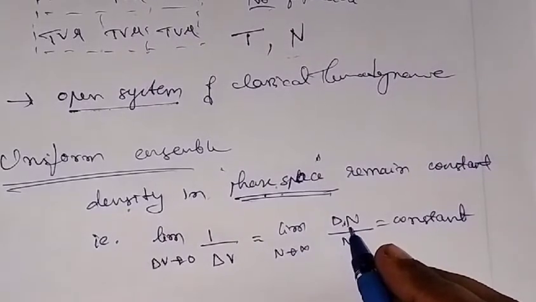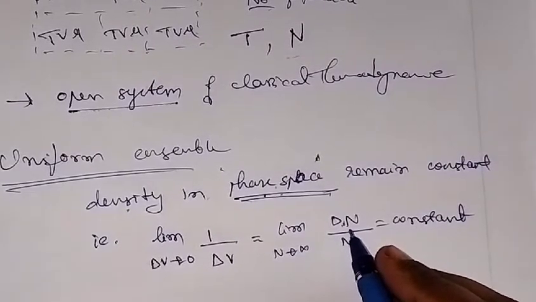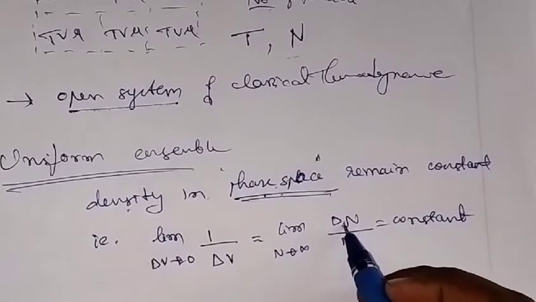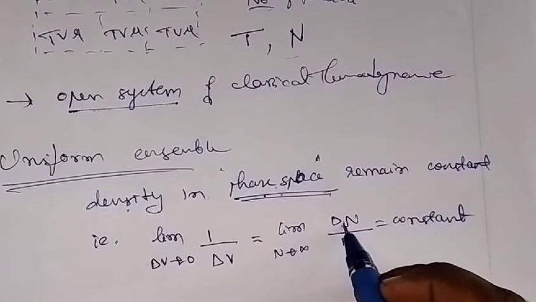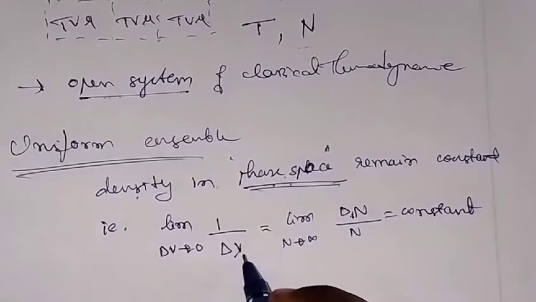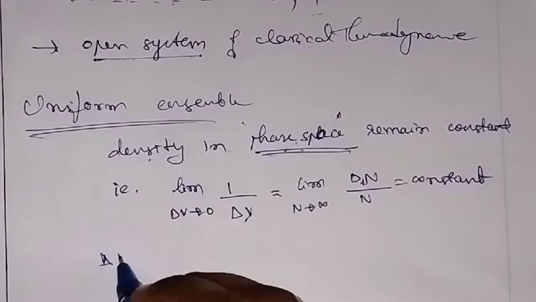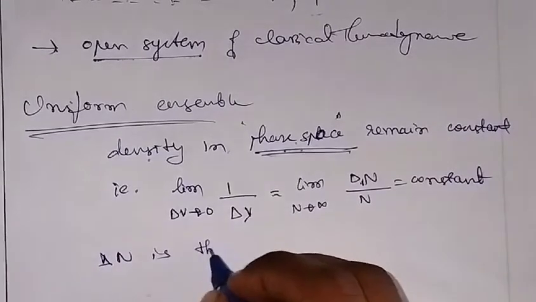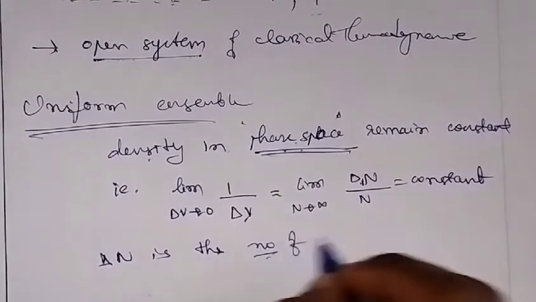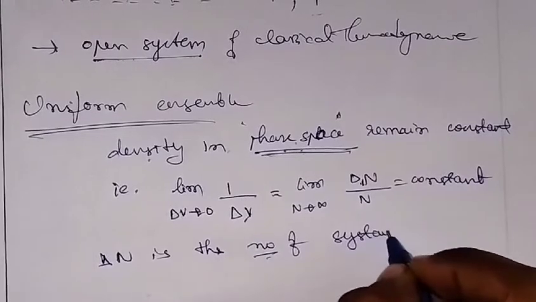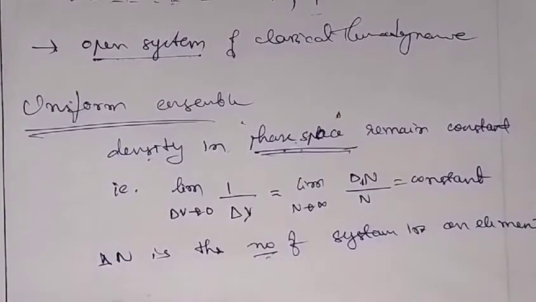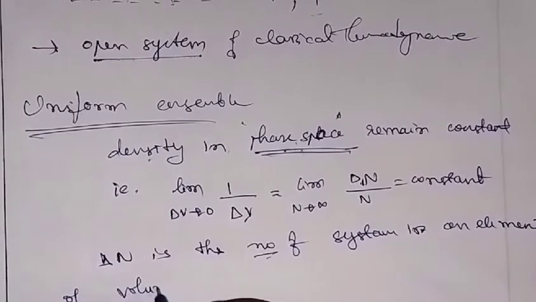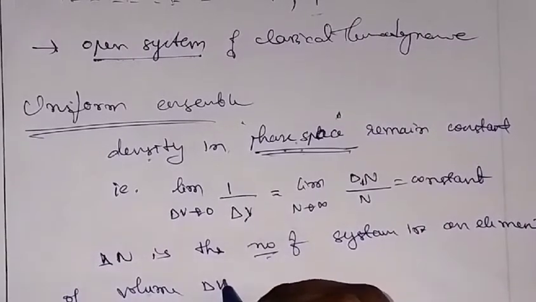Whenever I say system, you should understand that it is nothing but a particle. So delta N is the number of particles or systems in an element of volume delta V.